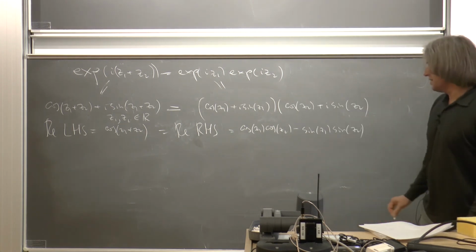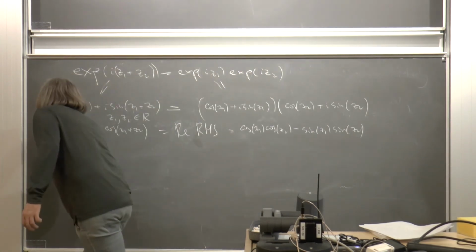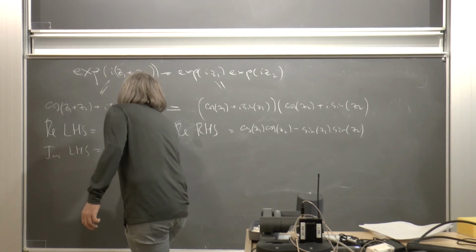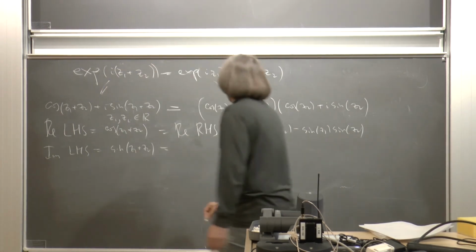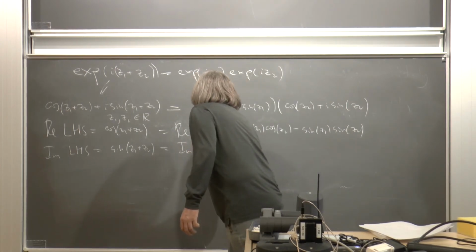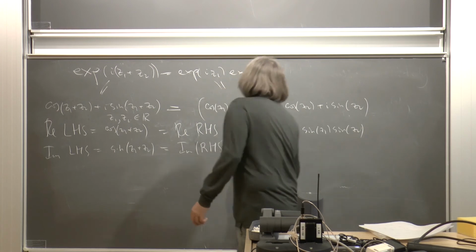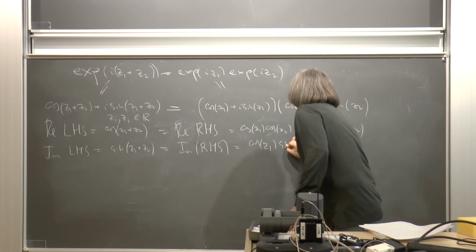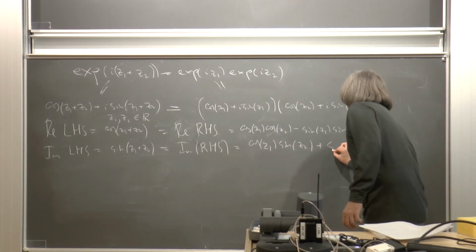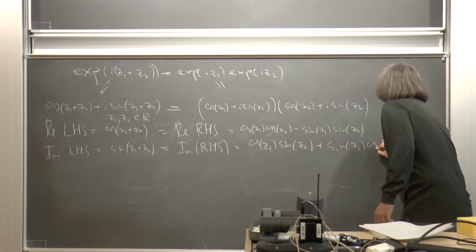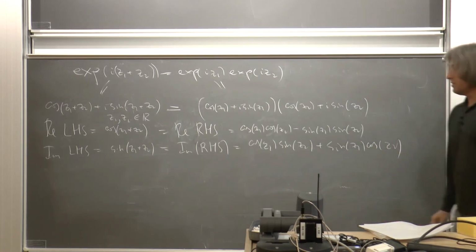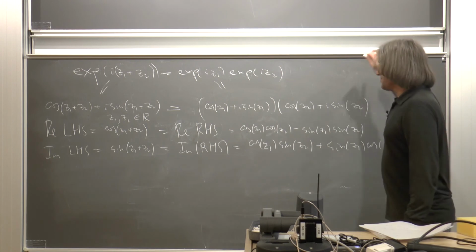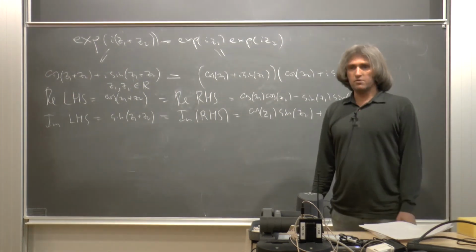It's just complex multiplication, and in the same way the imaginary part of the left hand side, sine of z1 plus z2, is the imaginary part of the right hand side, and this is cosine z1 sine z2 plus sine z1 cosine z2. So believe me, this is the main trigonometric formula, and the rest of them follow from this one.